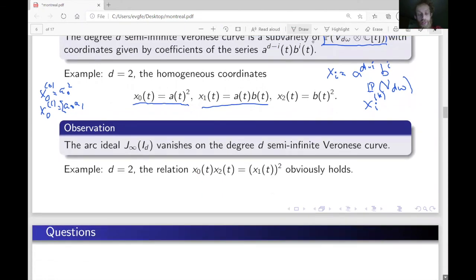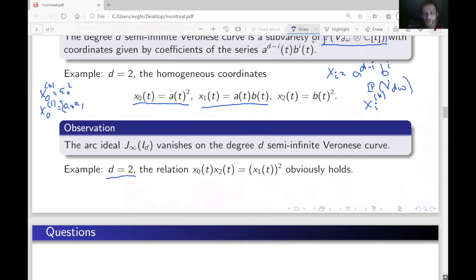Let us first observe that the arc ideal defined above, J infinity of ID, vanishes on the degree D semi-infinite Veronese curve, and this is actually a trivial observation. You can see, for example, that for D equals 2, we have such a relation: x0 of t times x2 of t equals x1 of t squared.